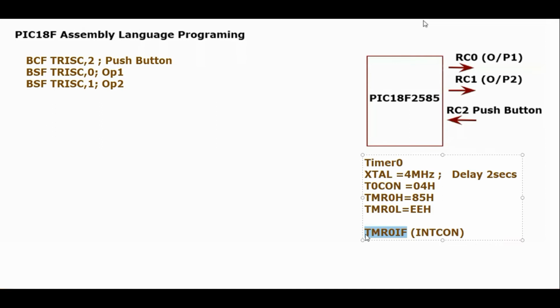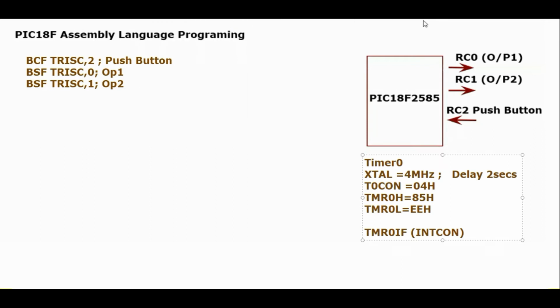For example, we have started the timer, and if it has expired, this bit will become equal to 1. This bit value is very important, and initially it should be equal to 0. So these are the important configurations that we need to incorporate inside this code.